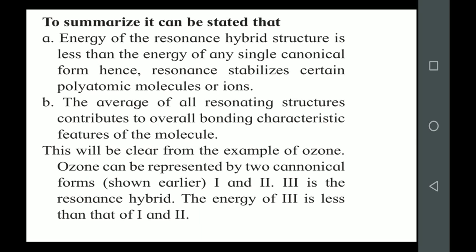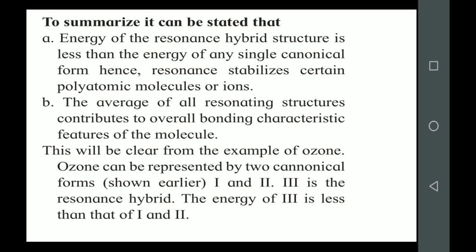Okay, and the resonance which we observe in these molecules is observed because it minimizes the energy of the system. Next, the average of all resonating structures contributes to the overall bonding characteristic features of the molecule.